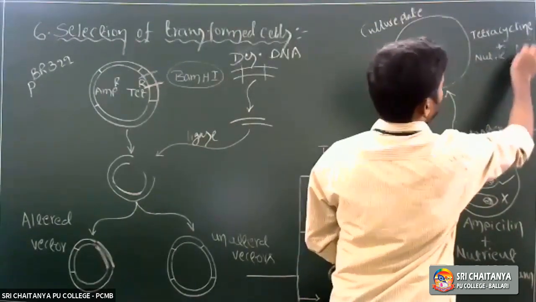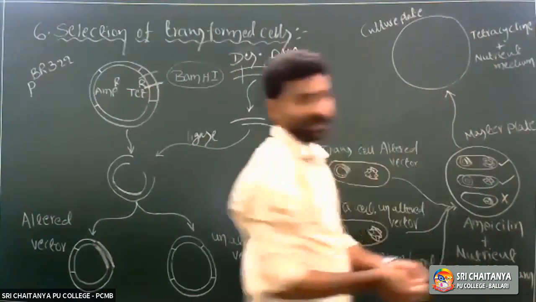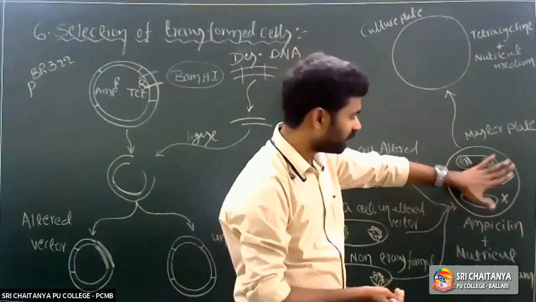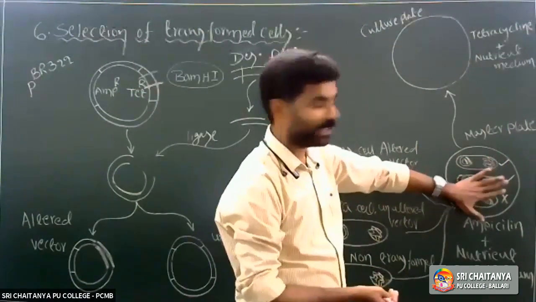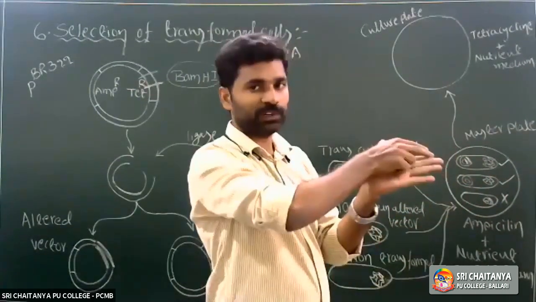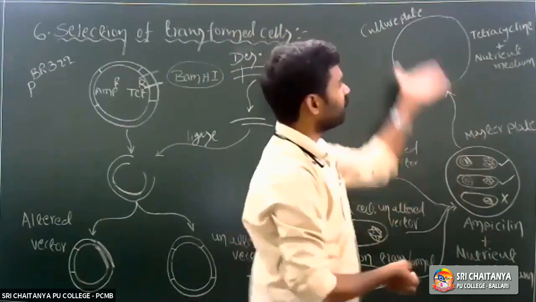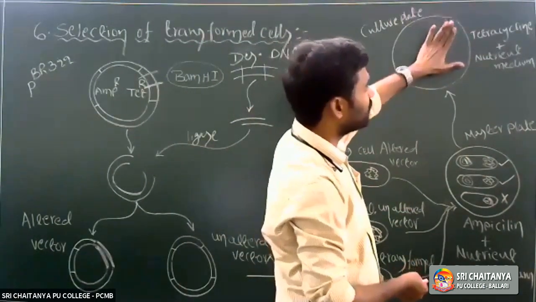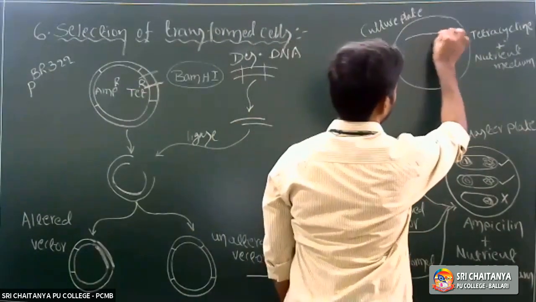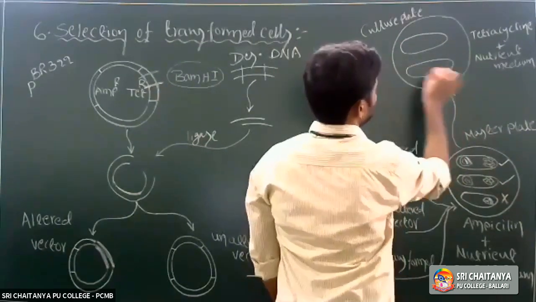By using velvet cloth, when we press that velvet cloth on the ampicillin medium, these two types of transformed cells are transferred to the velvet cloth. Again, when we press that velvet cloth on the tetracycline medium, the two types of bacterial cells are also transferred to culture plates.